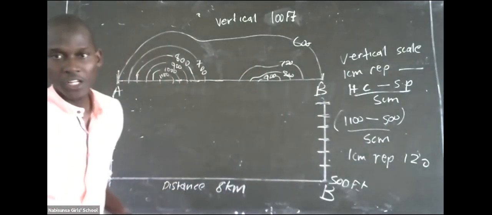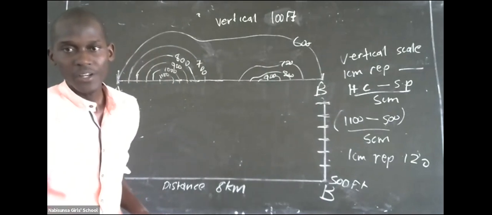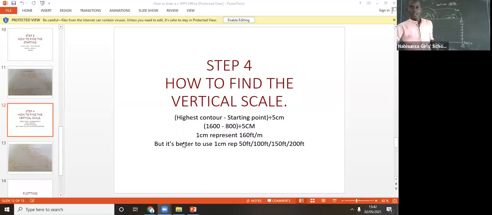But as I showed you here, the numbers we are supposed to use, it's better to use 1 centimeter real either 50 feet, or 100 feet, or 150. When you look at this, which is suitable for our answer?